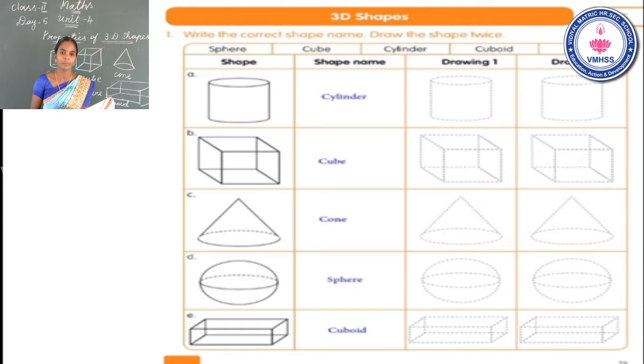Next, E. What is the shape for E? Cuboid. Okay, E shape cuboid. So first one cylinder, next cube, C cone shape, D sphere, E cuboid. Okay students, check your answers.